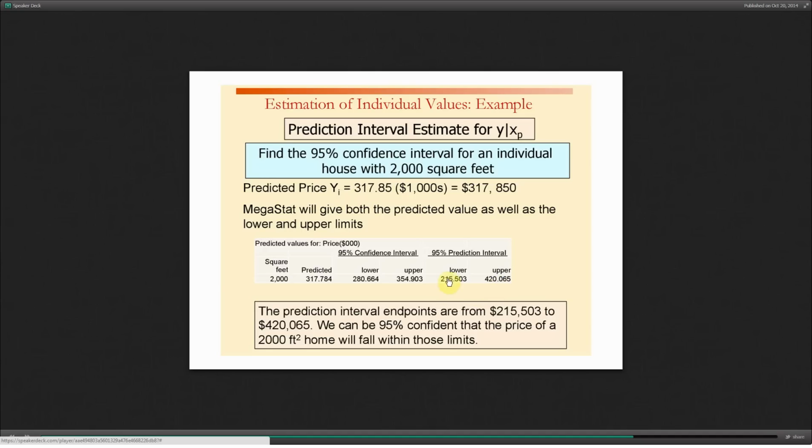You'll notice that this prediction interval is larger than the confidence interval. The way we write that is that we can be 95% confident that the home price is going to be between 215,503 and 420,605 for a 2,000 square foot home.